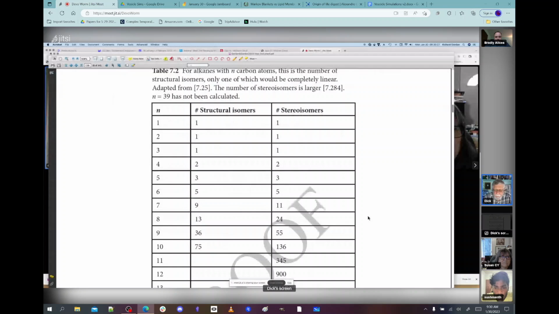So you can see that number goes up very fast. If you look down here, it's not absurd when you're down around 16, but it gets pretty big later on, which means that if these things are made randomly, the ones that are straight will be a smaller and smaller proportion.